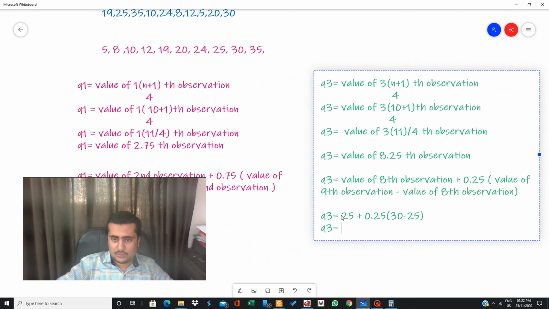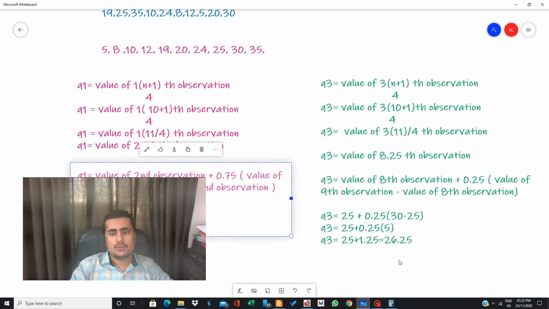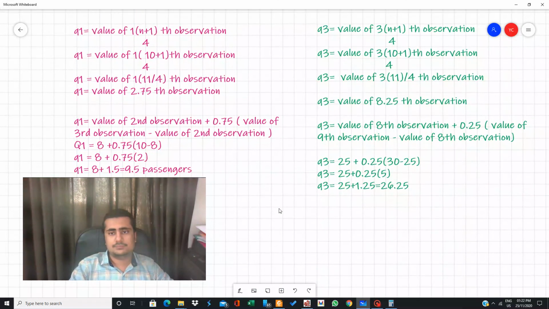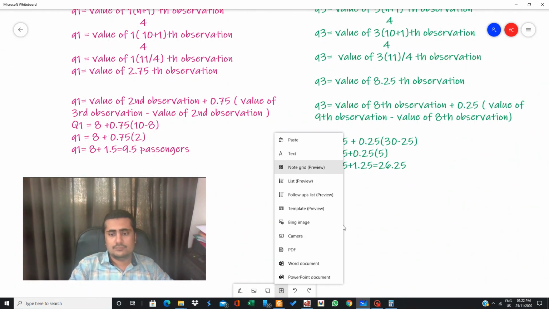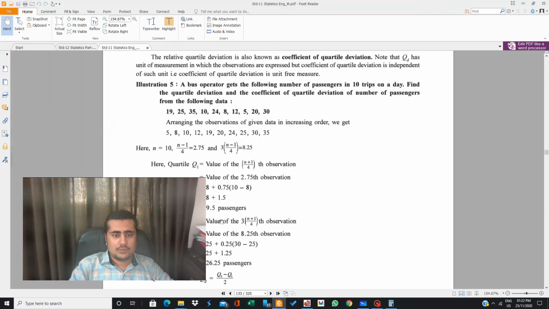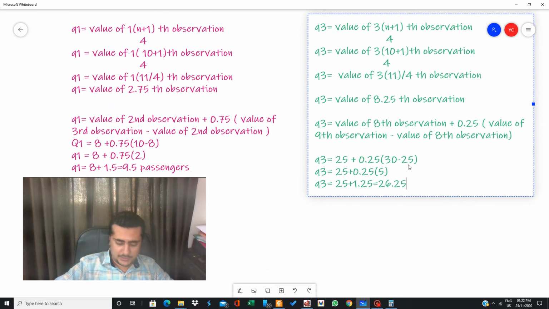So your Q3 is 25 plus 0.25 into 5. So my Q3 is 25 plus 1.25, that is 26.25. You can see the answer of Q3 is 26.25, and again I'll be writing it in terms of passengers.